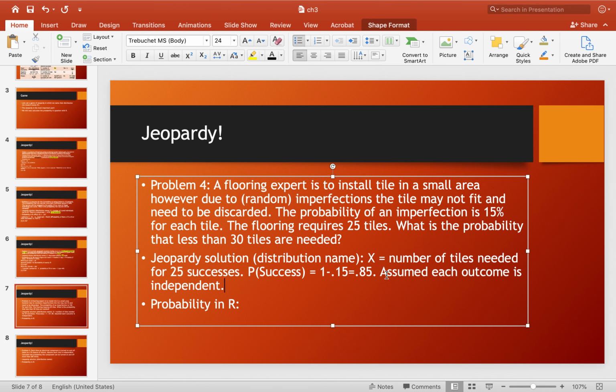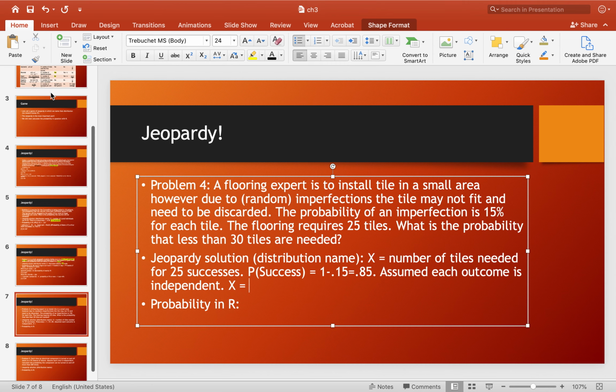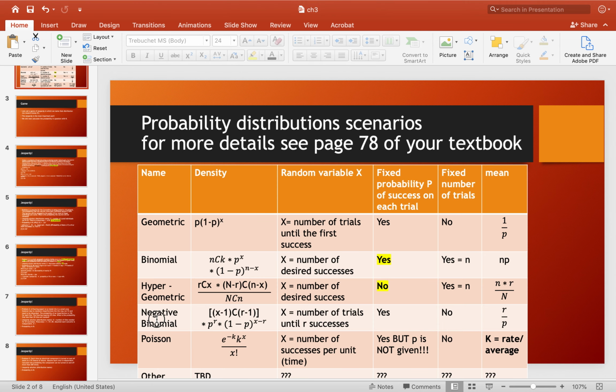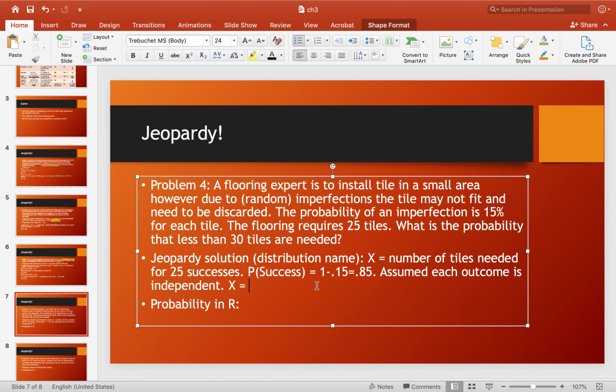We're going to need to assume that. Okay, so I should say what X is. Well, we just determined what it is. It's this negative binomial. And that was the important part. That was the hard part.